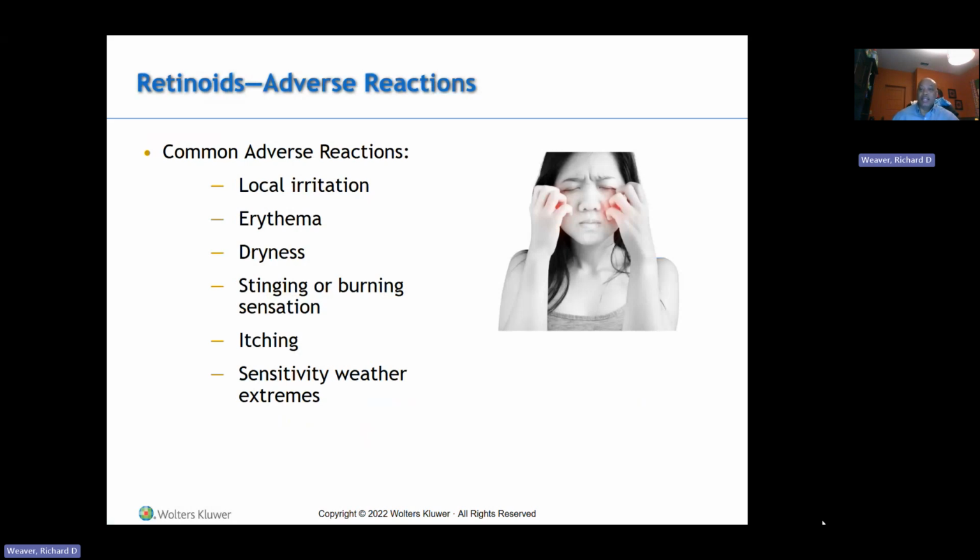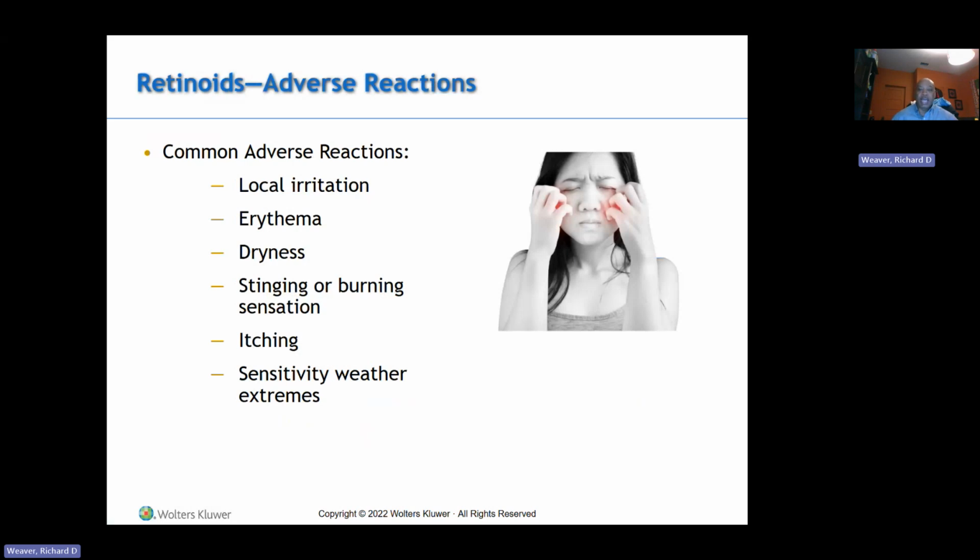They can cause dryness of the skin. They can also cause stinging and burning sensations. Itching may occur as well, especially within the first 2 to 4 weeks of treatment. This should be conveyed to patients in education so that they won't stop using the medications.